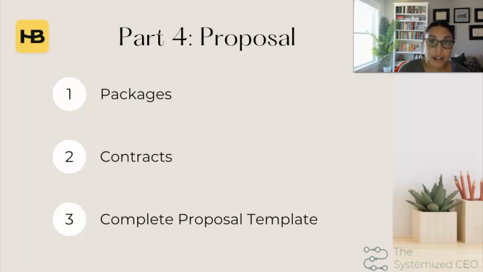So we're going to start with packages. The second component is looking at contracts. You can create different contracts for different services and easily pull those into your proposals. The third component is how to build out a complete proposal template that you can then apply to any specific project type automatically. So we're going to dive in and get ready to learn a whole lot.